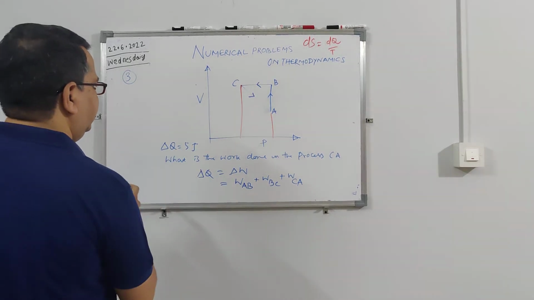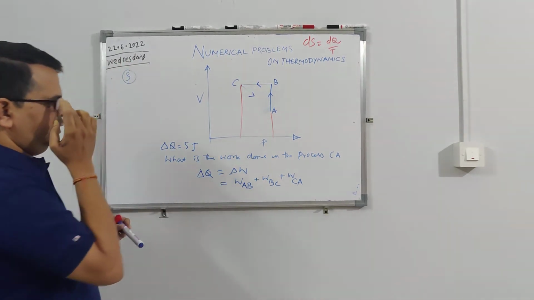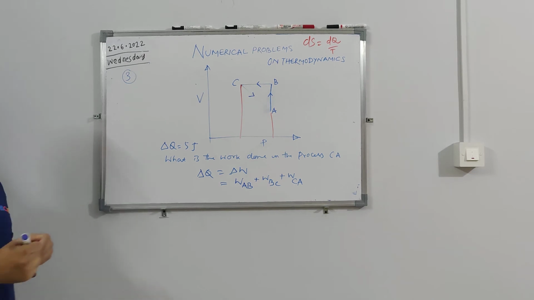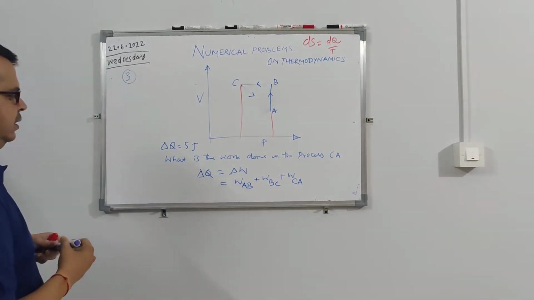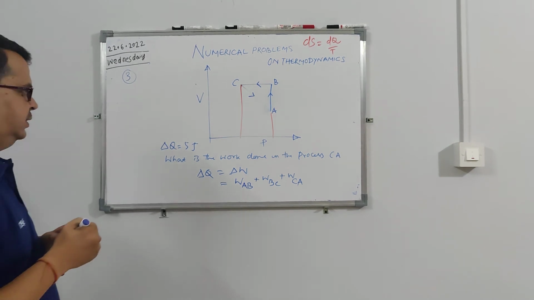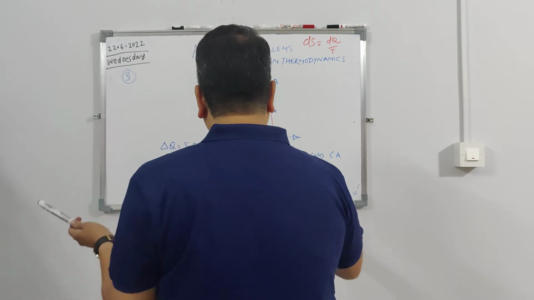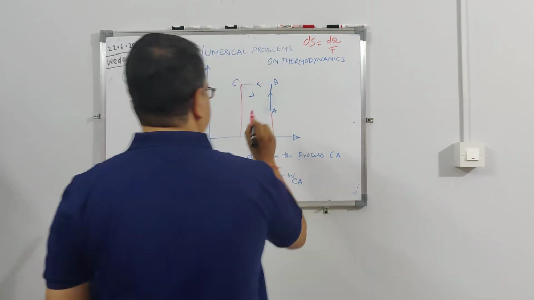So this is the net heat supplied to the system. Net heat supplied to the system is equal to net work done. Net heat supplied is given. That means net heat is equal to net work done. That's what the first law of thermodynamics says. So from A to B, the work done is zero, because there is no change in volume.